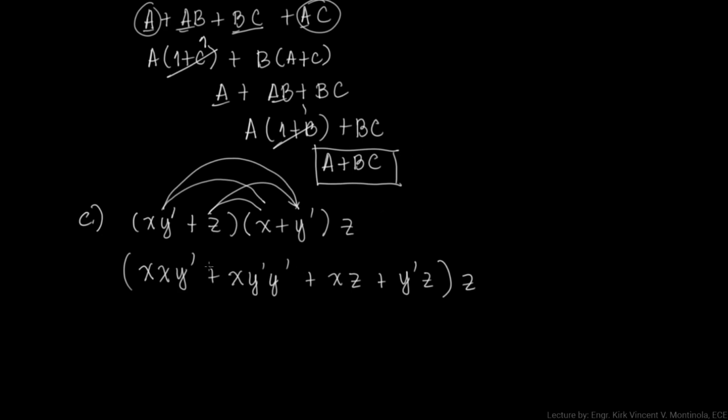We can reduce this one. Ano to? That is always x, right? And this one is always y prime. Then let's rewrite our equation. That is xy prime, and then plus xy prime plus xz plus y prime z, and then multiply to z.